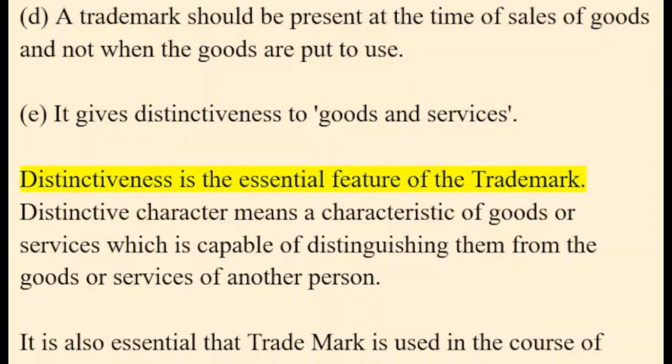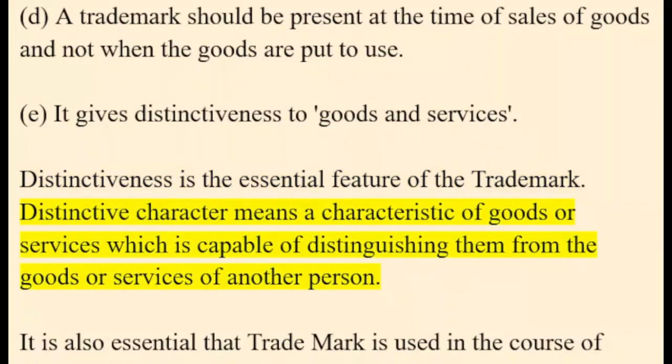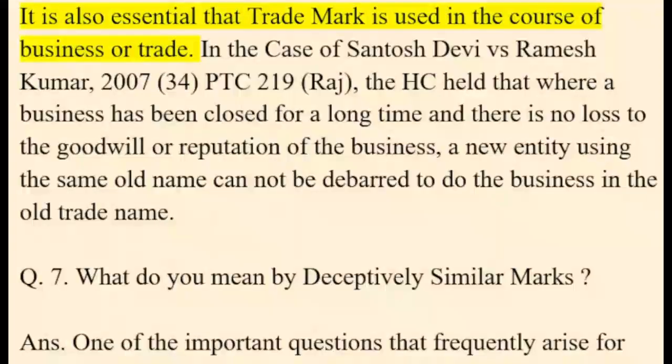Distinctiveness is the essential feature of the trademark. Distinctive character means a characteristic of goods or services which is capable of distinguishing them from the goods or services of another person. It is also essential that trademark is used in the course of business or trade.